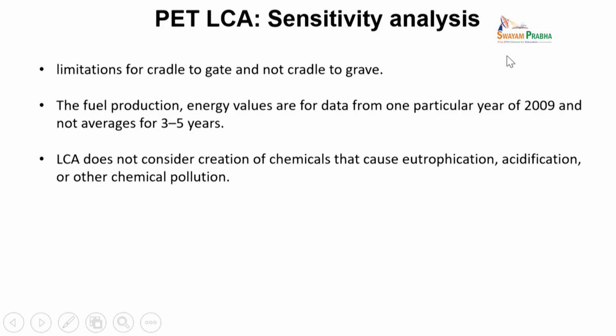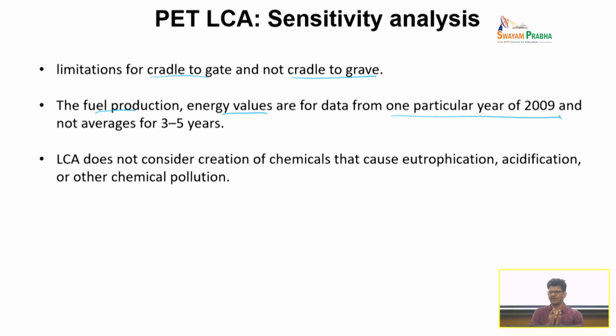As I said, in terms of sensitivity analysis, what they say is that clearly it is cradle to gate, not cradle to grave. So the comparison, if at all you make, is only with respect to the resin making, not the end of life scenario. The fuel production and energy values are all based on the data available as of 2009. The report came in 2011, but the data used was based on 2009.